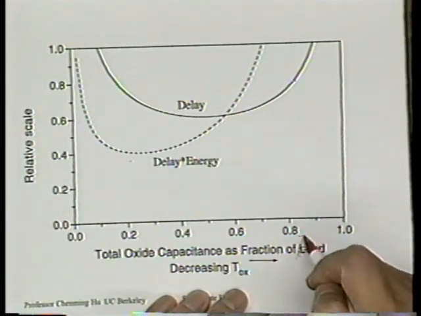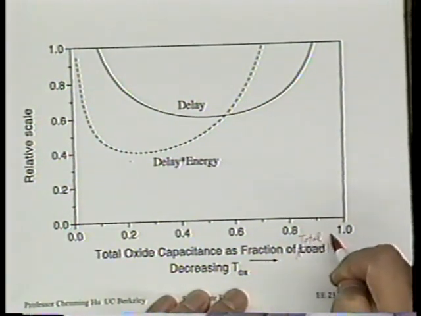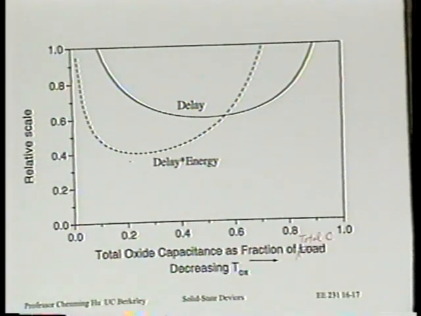Let me rephrase this. Total capacitance, right? Total C. We have been using C to represent all the capacitance. But within the C, some of the C is independent of your gate oxide thickness, such as interconnect, such as junction capacitance. Another part is oxide thickness dependent.